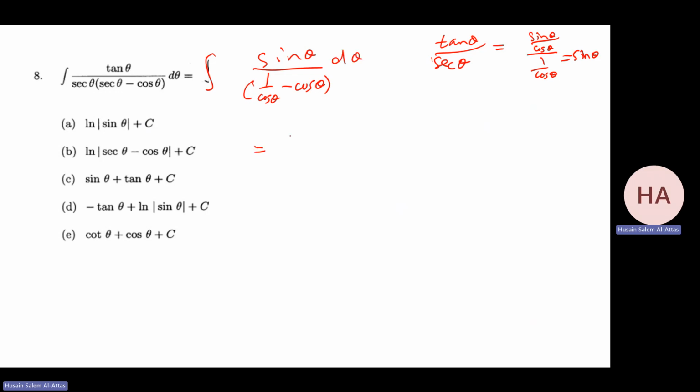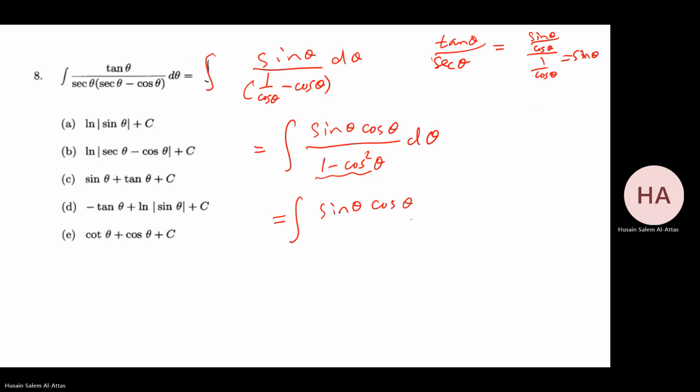Don't forget the theta. That will be sine theta cosine theta over 1 minus cosine squared theta d theta. Okay. Yeah, if I take this u, why did I do sine squared? So I can make it sine squared, it will be easier, over sine squared d theta.